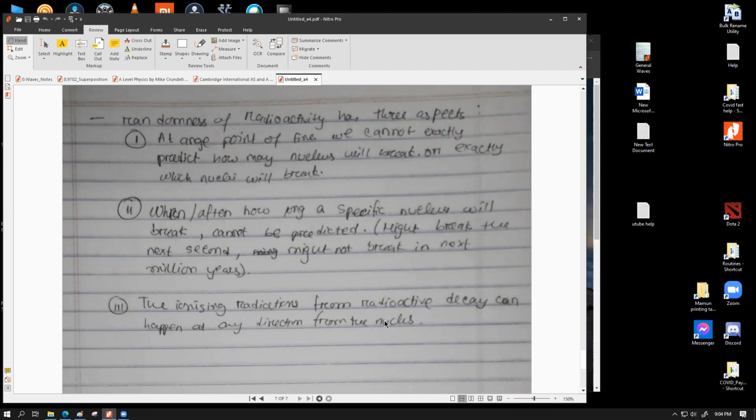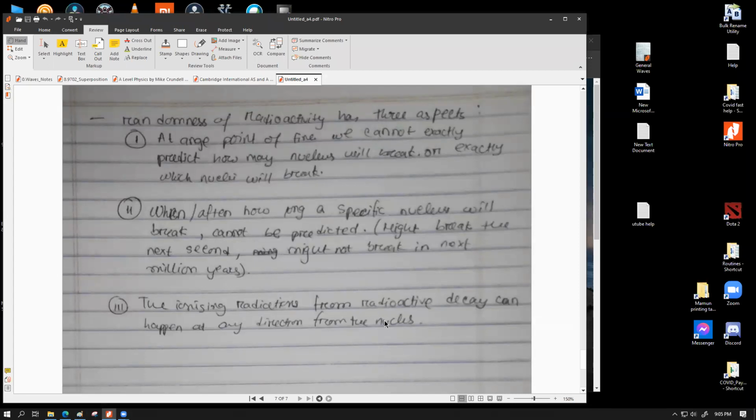Exactly when a certain radioactive nucleus will break down, we cannot predict. So a nucleus might break down after a fraction of a second, or it might take billions of years to break down. Exactly after how much time a decay will happen from a specific nucleus cannot be predicted.